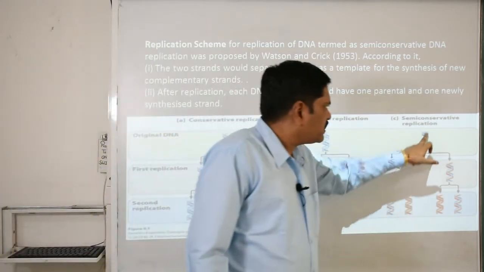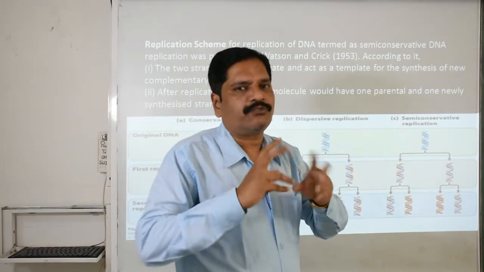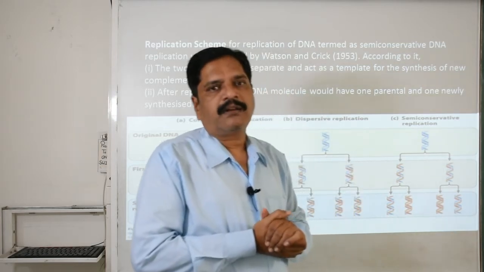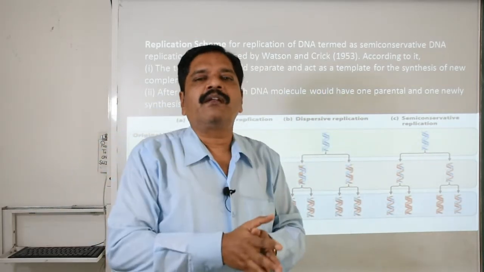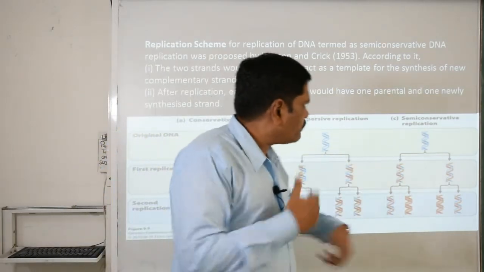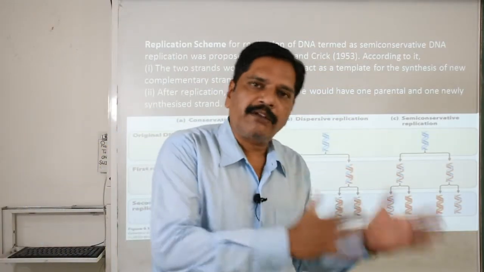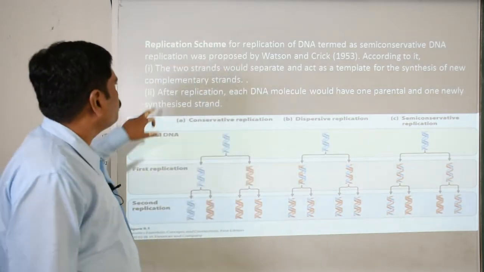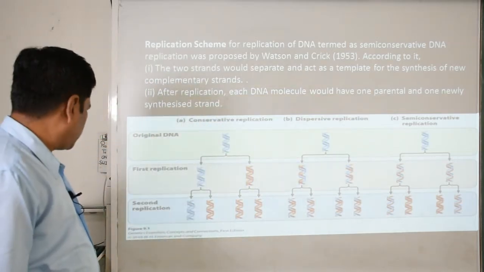What happens actually? The DNA strand loses its helical structure, it untwists and becomes parallel in nature, then its hydrogen bonds dissolve and the 2 strands open up, and each strand forms its complementary DNA strand. This complementary strand then pairs with the complementary nitrogenous bases with the help of hydrogen bonds. So after replication each DNA molecule has one parental and one newly synthesized strand.